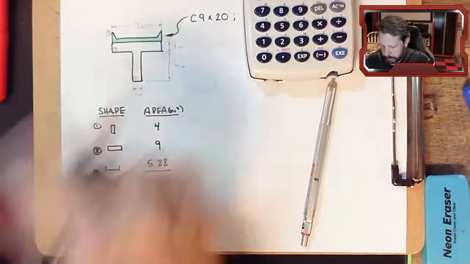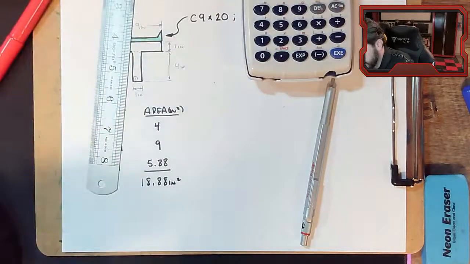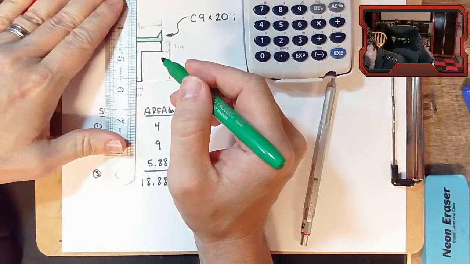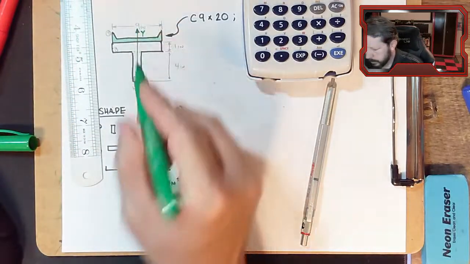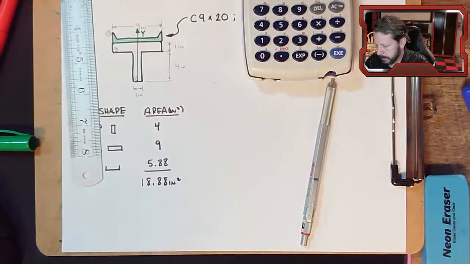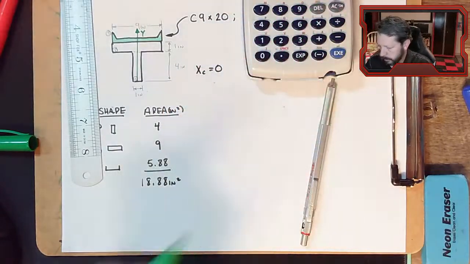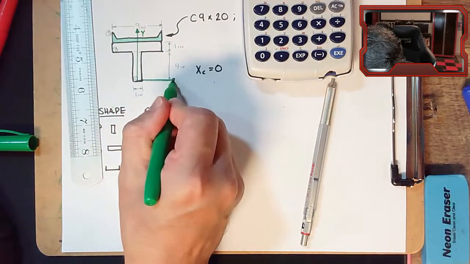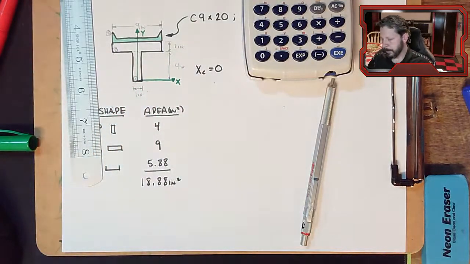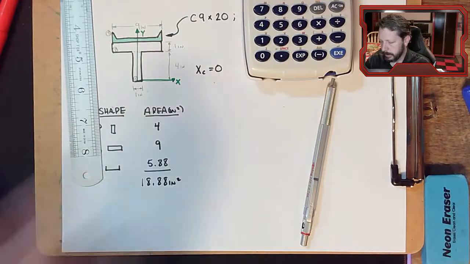This is another one of those that would benefit from having the y-axis right through the center of it. So the x sub c is just 0. And we'll have the x-axis going out that way. And we need to calculate all the y coordinates for the individual pieces.